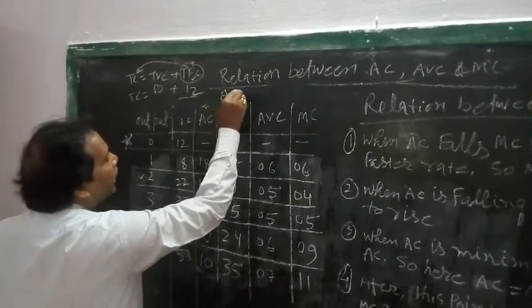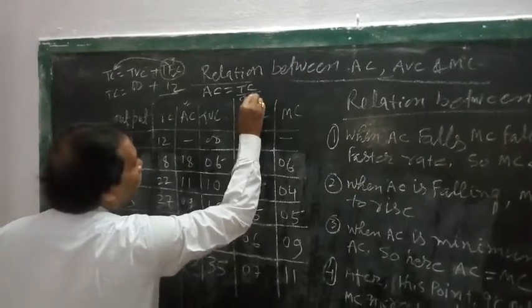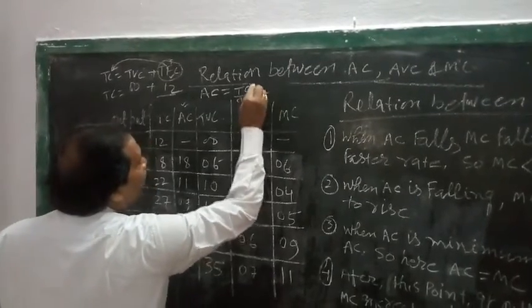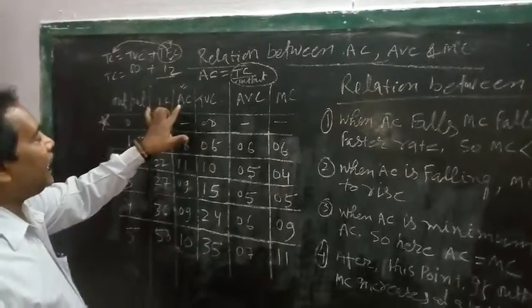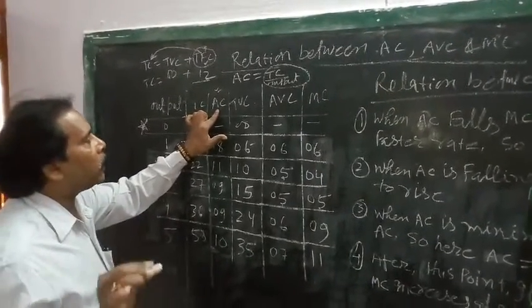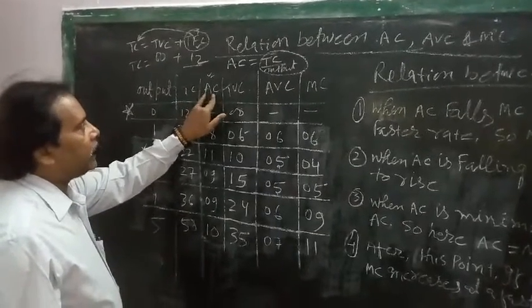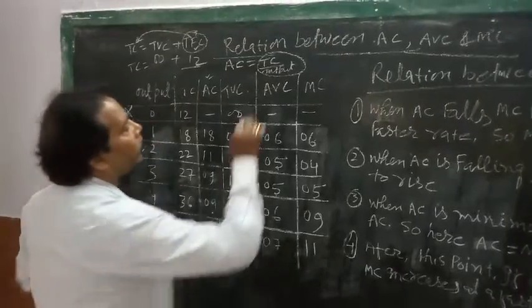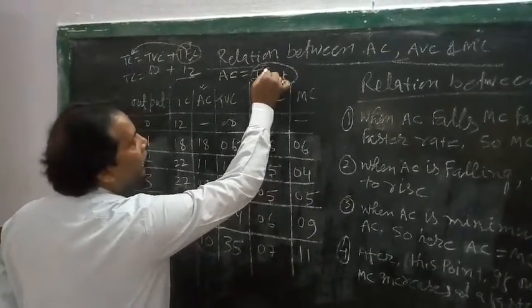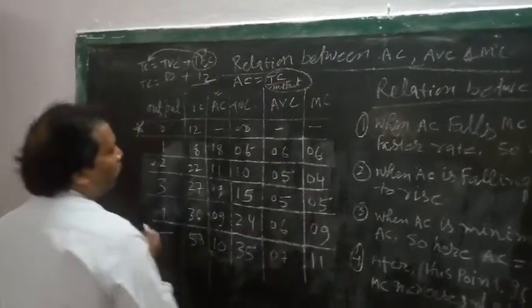We know that AC is equal to TC divided by output. Is it clear? It is a formula because AC indicates the per unit cost of production, and per unit cost of production can be calculated with the help of TC divided by output.